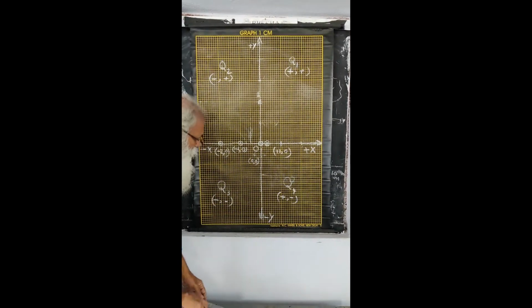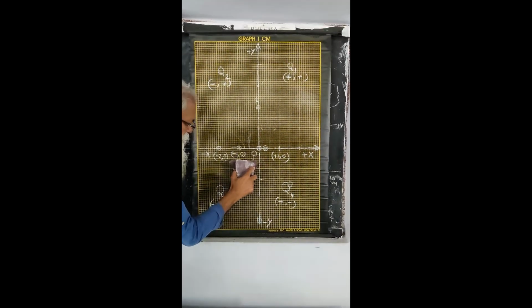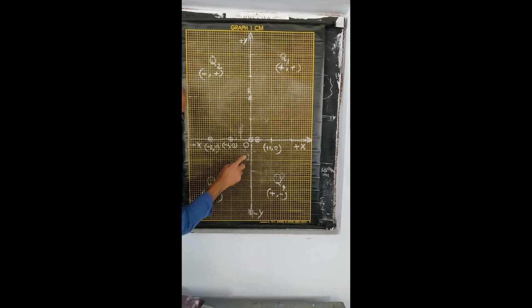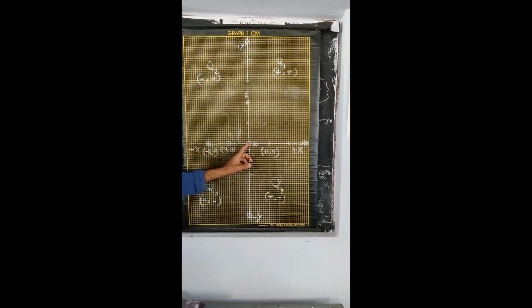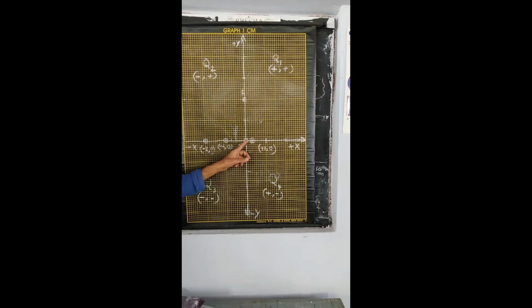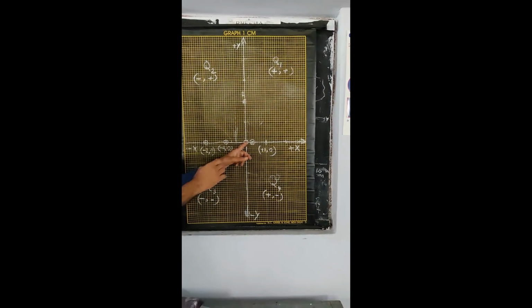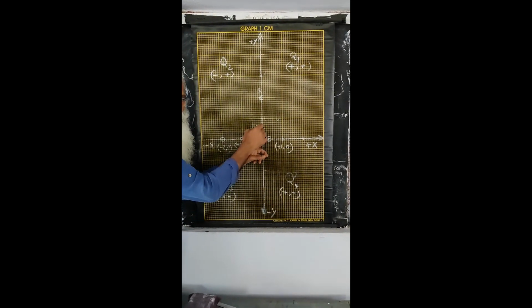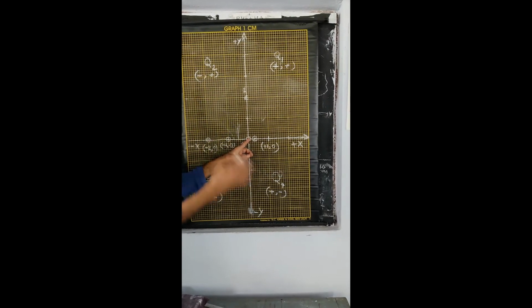And what are the coordinates of the point? To understand what coordinates are, to begin with, we are at the origin always. So we have not moved either along x-axis or along y-axis in any direction.